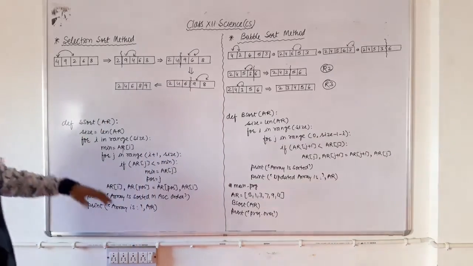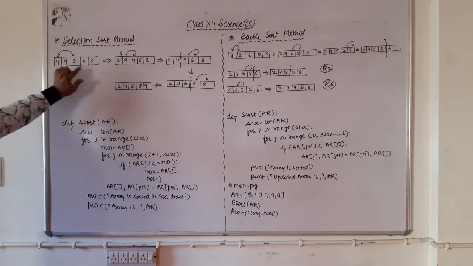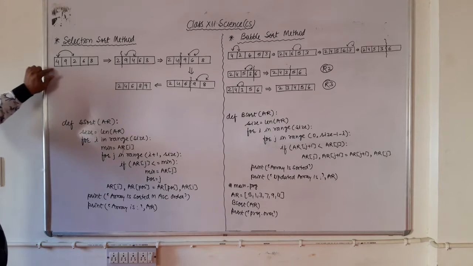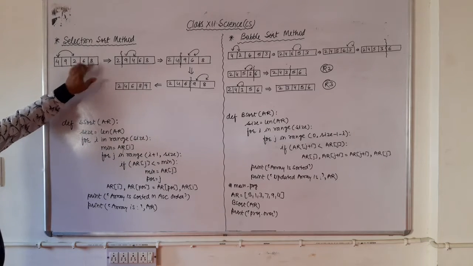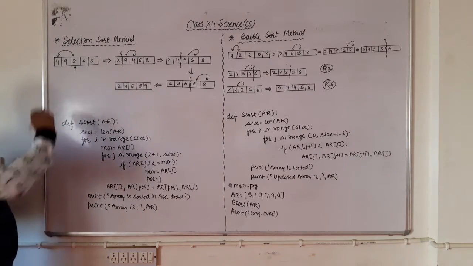So what is there in the selection sort technique? Very first, the minimum element of the array will be searched in the entire array, right? So what is the minimum element here? The minimum element is 2 only.